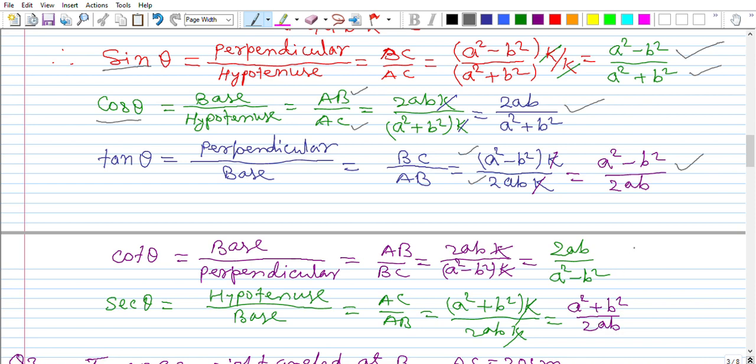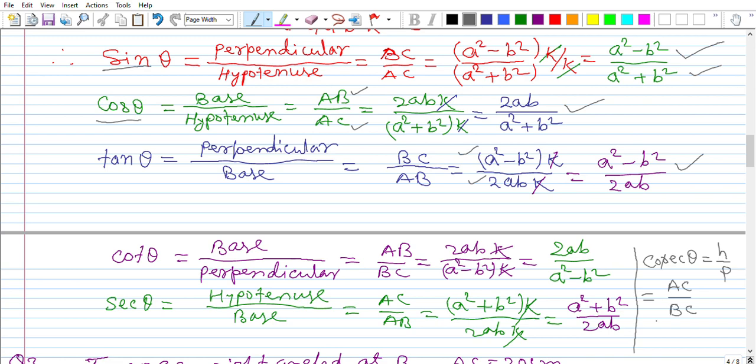One is left here, that is cosec theta. What do you know? Hypotenuse by perpendicular. Is that clear? So hypotenuse we have, that is AC, and perpendicular, BC.